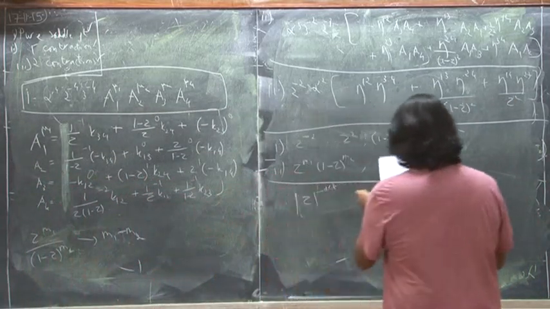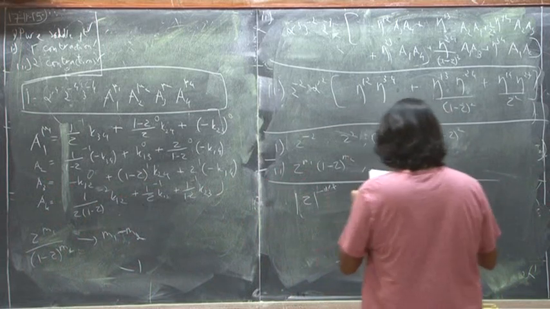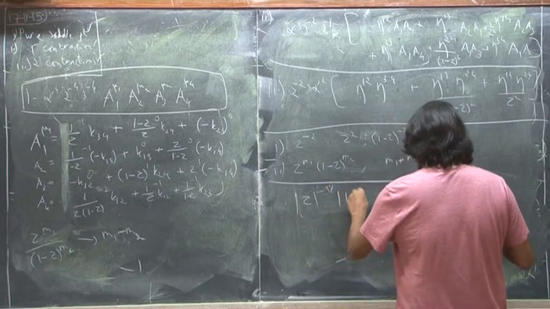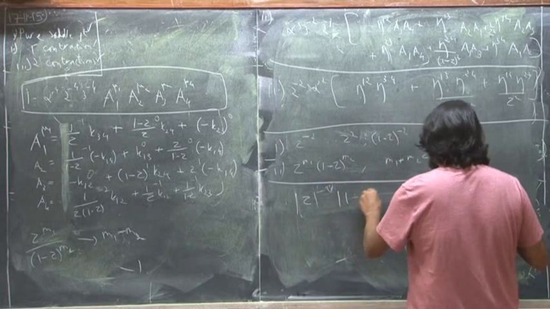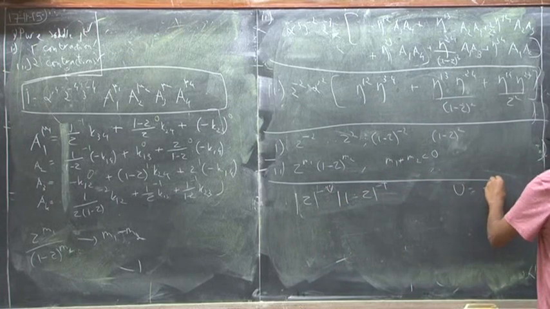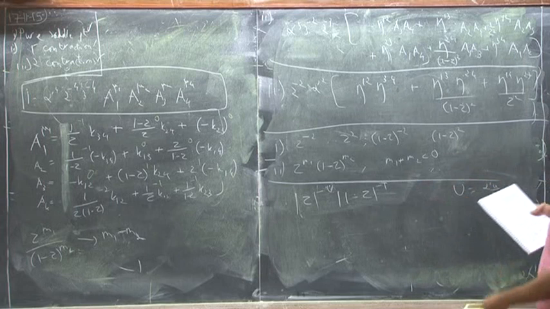So our three factors were mod z power minus alpha prime u, mod z, mod 1 minus z power minus t, where u equals alpha prime u by 2 and t equals something.